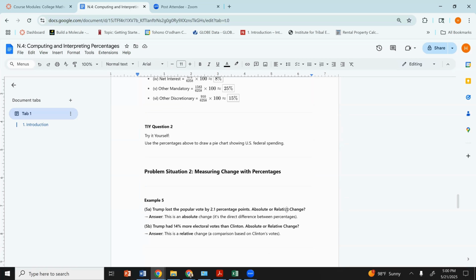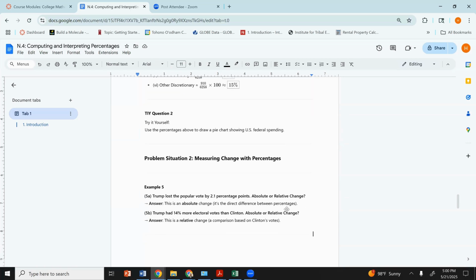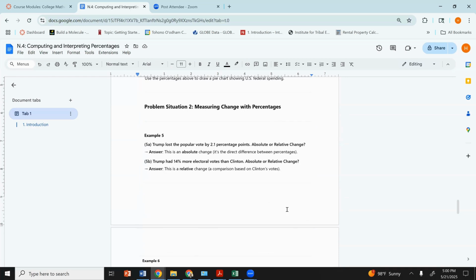Okay, so let's move on to problem situation 2, measuring change with percentage. Let's take a brief example here. Trump lost the popular vote by 2.1 percentage points. Is this an absolute or relative change?